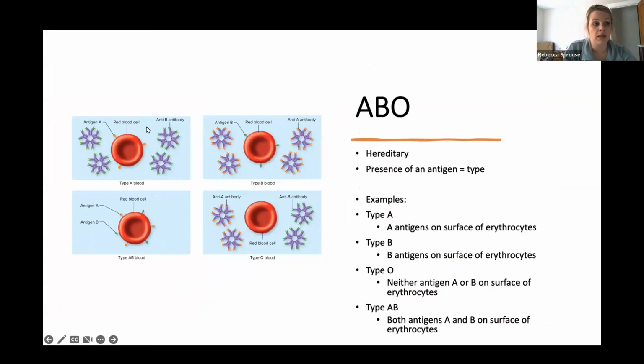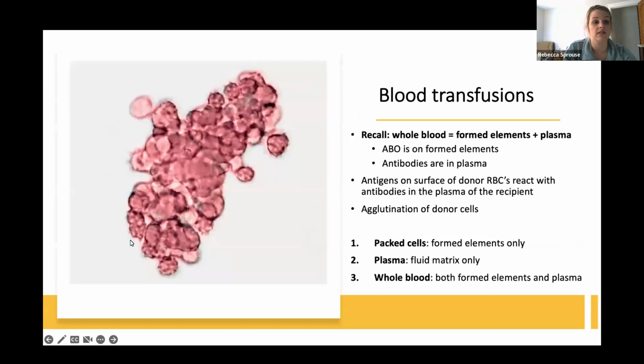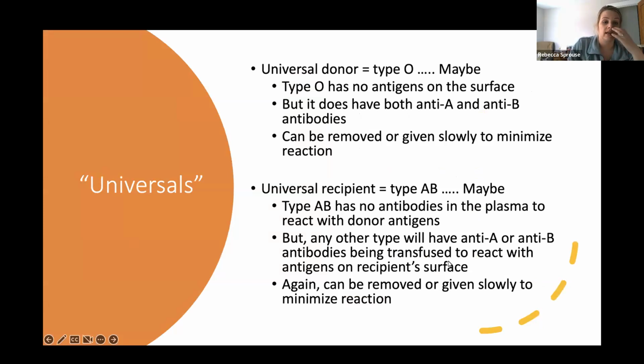However, if you give whole blood here and you put these anti-B antibodies into this person's bloodstream, these antibodies are going to react with these antigens. So again, you can give it slowly or remove those antibodies.